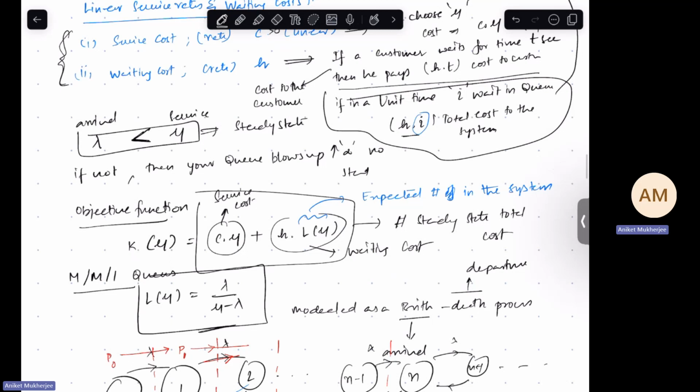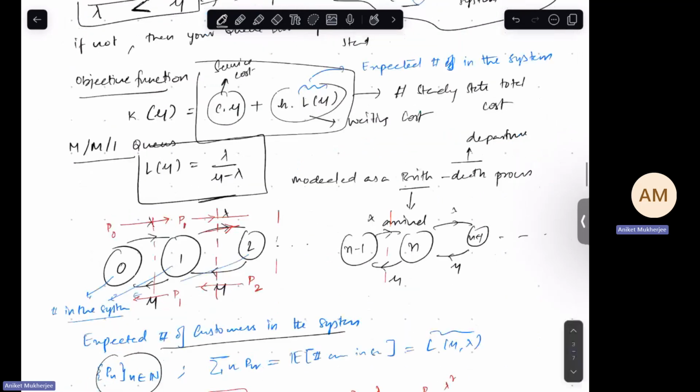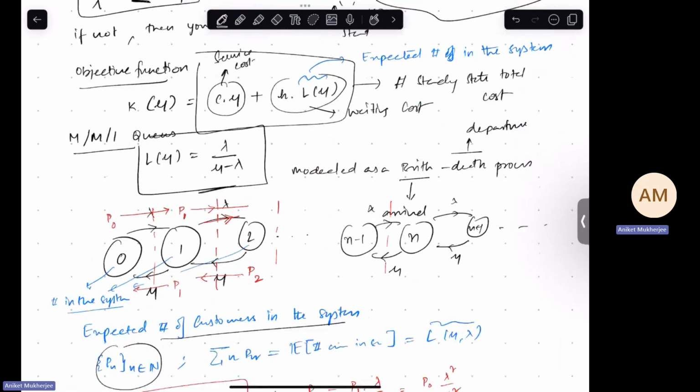I is the number of customers in the system. Now that is a random variable. At each slot, you'll have a different number of people. So now we need to find the expected number of customers in the system. For that, we went back to basic queuing systems for MM1 queues and got the closed form solution for L, the expected number of customers in the system, which is given by lambda by mu minus lambda, right?